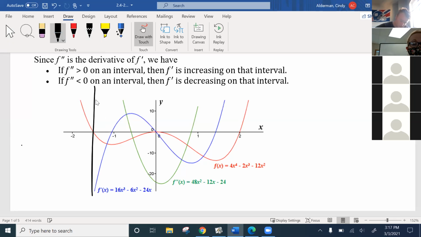We'll do a line straight through there. Go to the top of the blue graph and do a line straight down through there. There's another little interval change in the middle, and one right where the green second derivative crosses the x-axis.